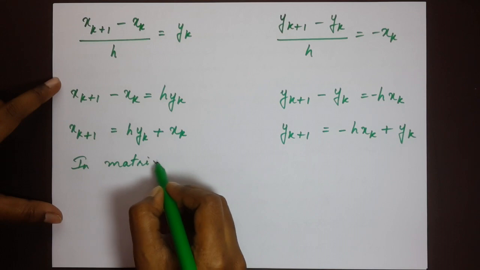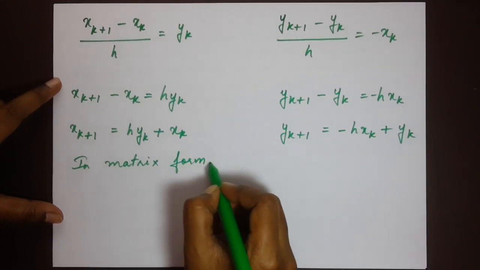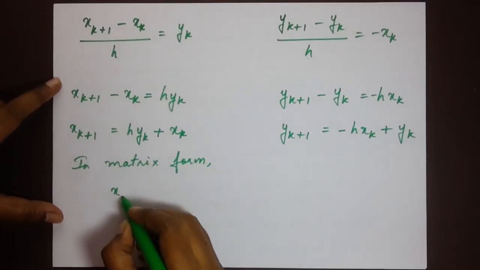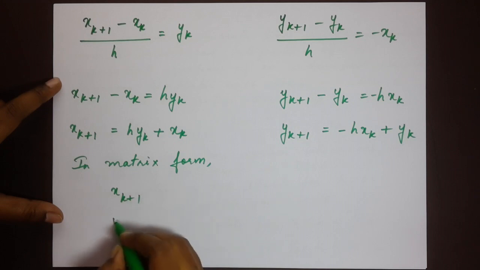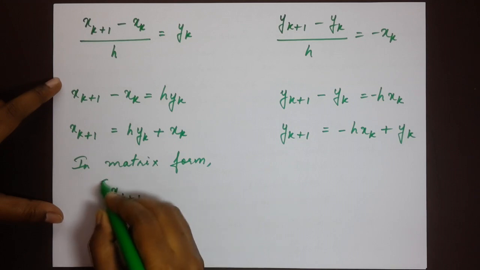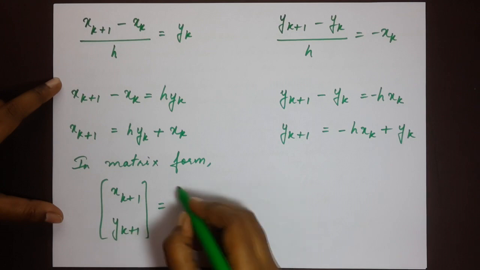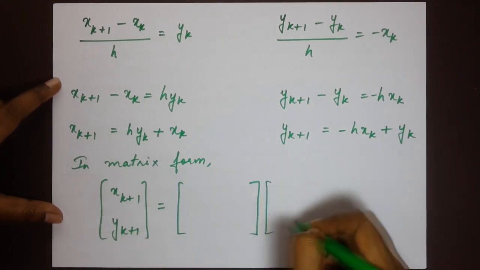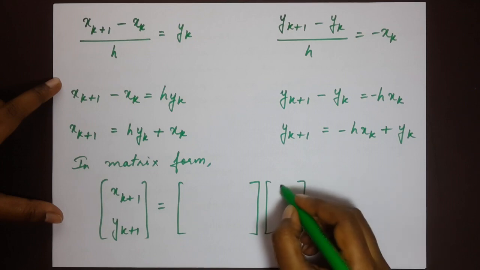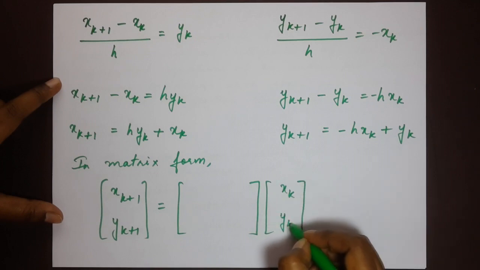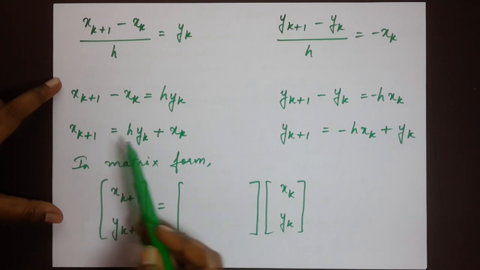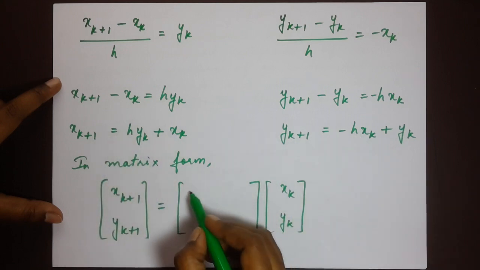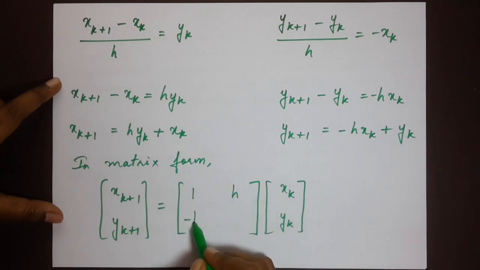In matrix form, xk plus 1, yk plus 1 would equal some 2 by 2 matrix into xk, yk. So observing these two equations here, we will find the elements of this matrix: 1, h, minus h, and 1.